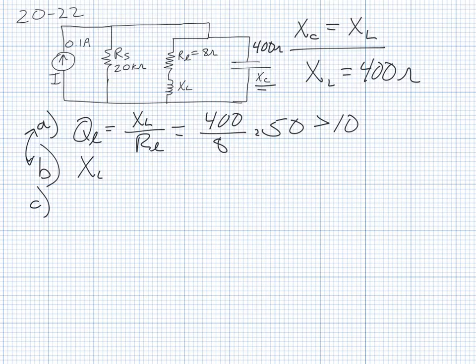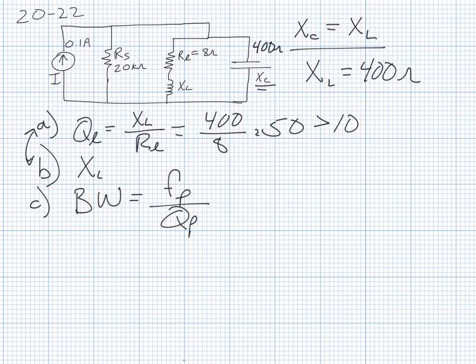All right. C, we were looking for the bandwidth. So we don't know the series resonant frequency Fs. We don't know the inductance nor the capacitance. So really, we're looking to use the bandwidth being equal to this, right? And we're going to calculate our QP.